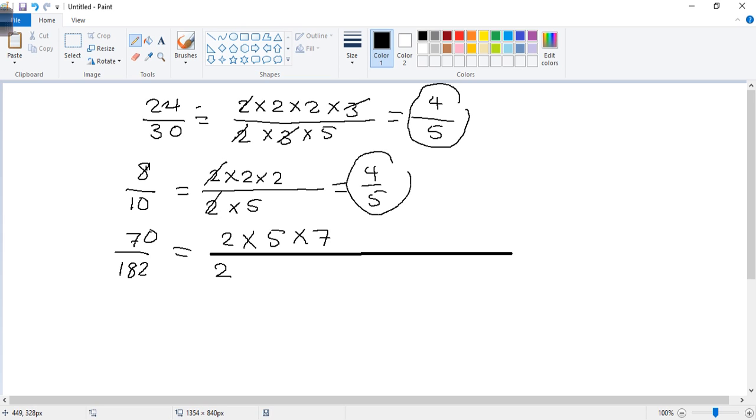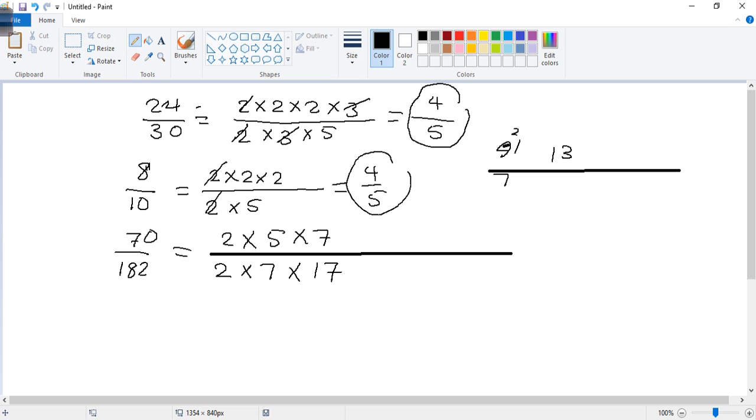91 cannot be divided by 2, it cannot be divided by 3, but it can be divided by 7. 9 divided by 7 is 1, remainder 2. 21 divided by 7 is 3.